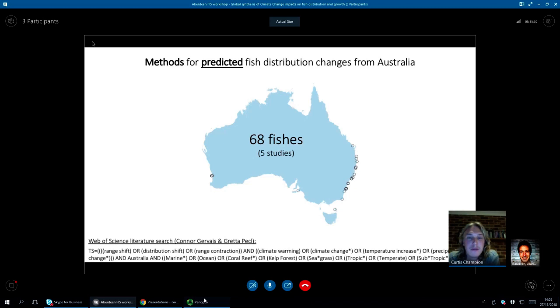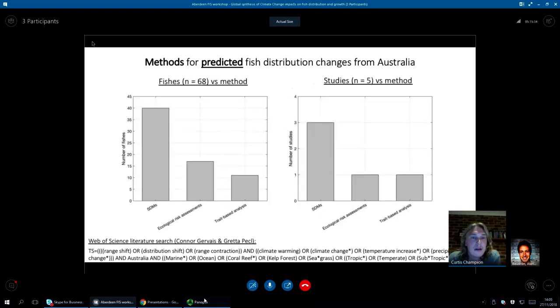And they come from only 5 studies. So if we do the same thing that I did on the last slide, and we look at the fishes versus methods, we now see quite a different pattern. Well, obviously, because we can't actually go into the future and go diving and look, so we're looking at different methodologies here, and species distribution models really come out on top here for both fishes and studies.